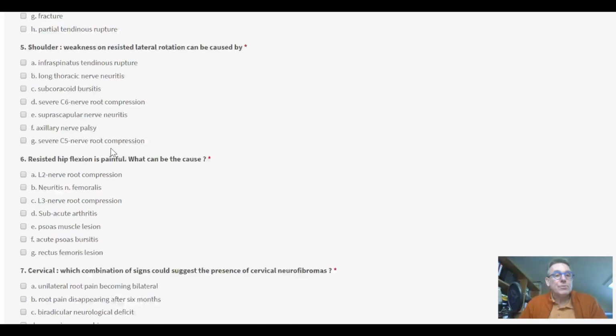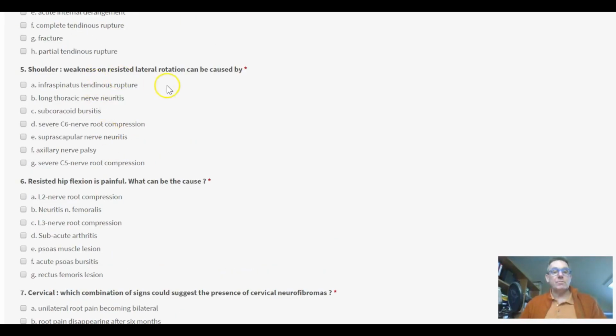Let's go to the shoulder. Shoulder weakness on resisted lateral rotation can be caused by an infraspinatus tendinous rupture? Yes. Long thoracic? No. Bursitis? Certainly not. Severe C6 nerve root compression? No. Resisted lateral rotation is a C5 action. Suprascapular nerve neuritis?